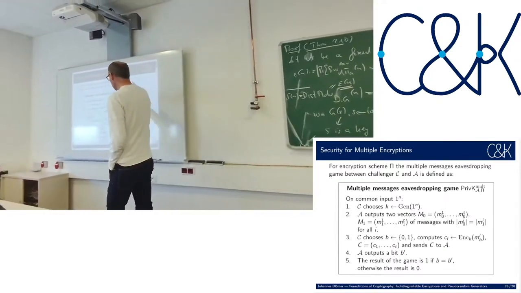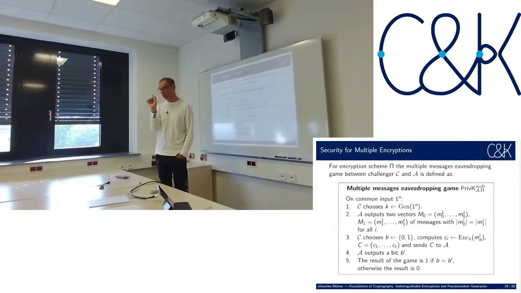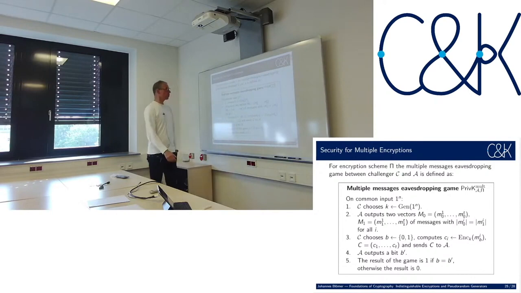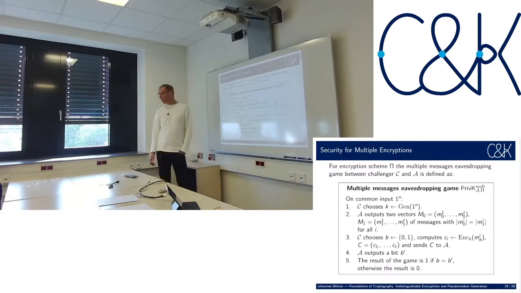And this is defined as follows. Again, the indistinguishability part stays the same. We want to distinguish, but we give the adversary more power. Namely, here on common input 1 to the n, as before, the challenger chooses the key for the encryption scheme.